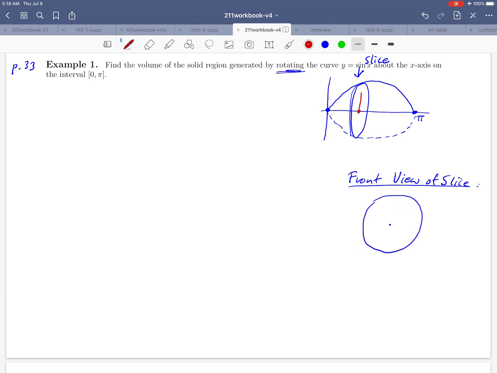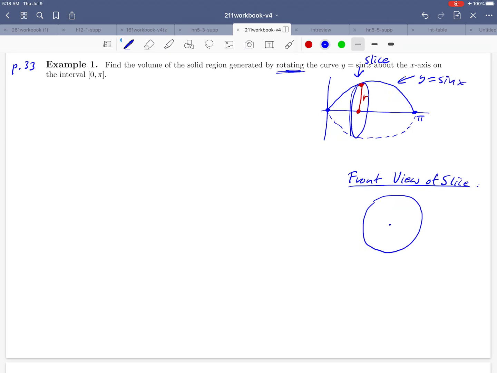So we're interested in the radius of that slice. But what is the radius of that slice that we cut out? Well, it depends on where we did the slicing, doesn't it? The radius is going to change depending on where we took the slice, and in general, what measures the radius is the distance from the x-axis up to the curve, whose equation is y equals sine of x.